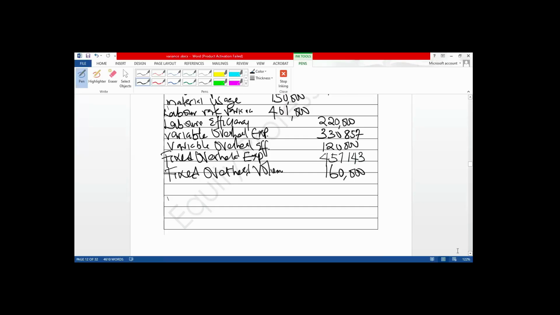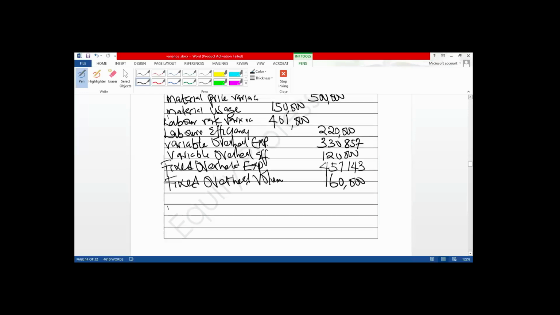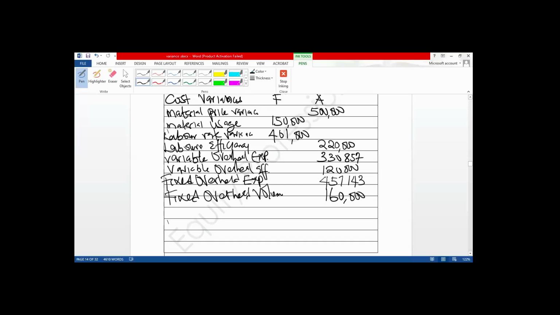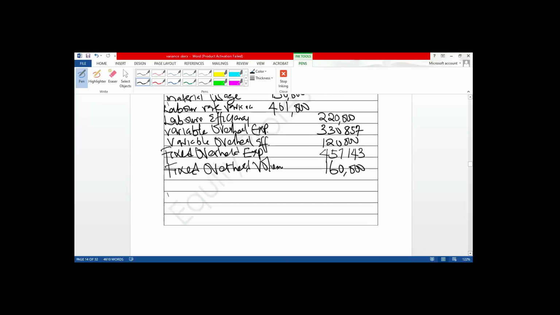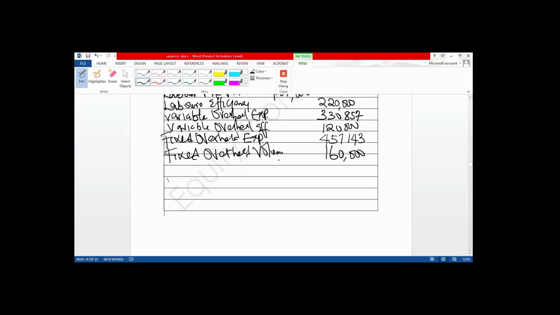Now sum up all your adverse and sum up all your favorable. The favorable will give us 551,000.